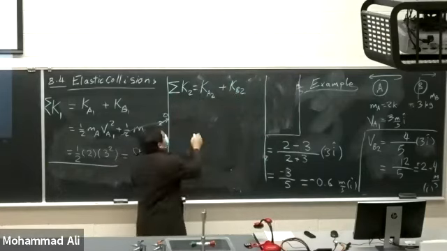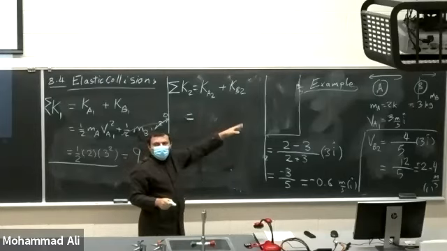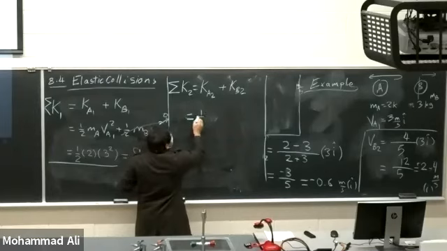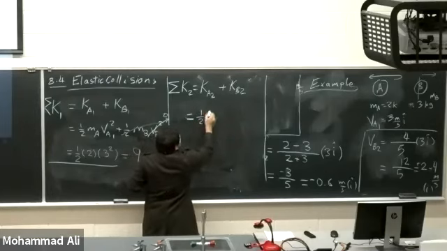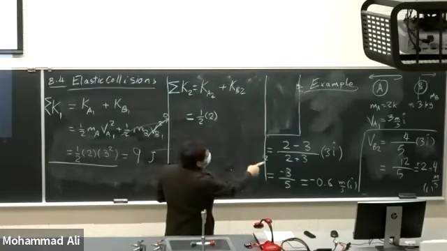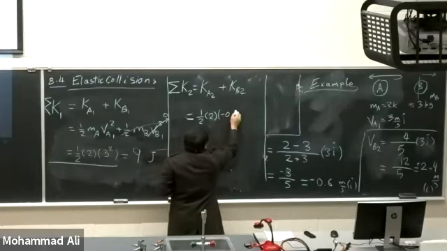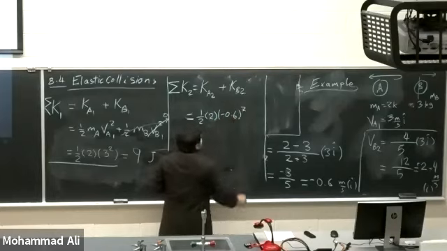We know the formulas now, so I will apply the numerical values directly. It will be half, the mass of A is 2, the velocity of A is negative 0.6, squared, right?